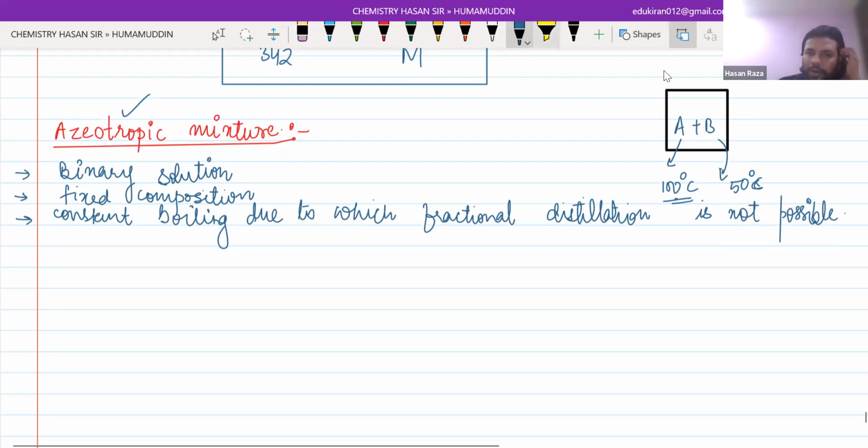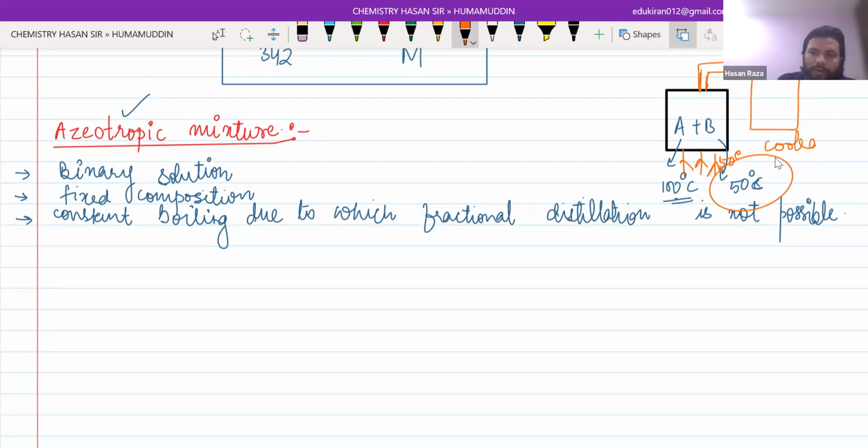It is like, when there is more than one component present in a container and you want to separate or take one out from there, you are going to heat it at the lower boiling point, like 50 degrees centigrade. This container will be connected with another container which will be cooled.